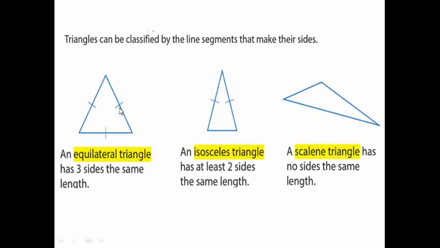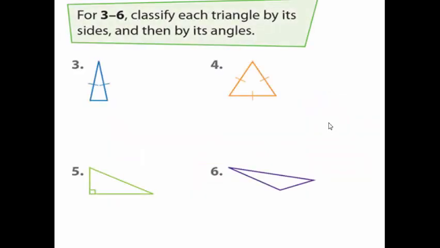The first one contains three equal sides, and we call it equilateral. The second contains two equal sides, and we call it isosceles. And the last contains no equal sides, and we call it scalene. So let's start to practice together by answering these questions.